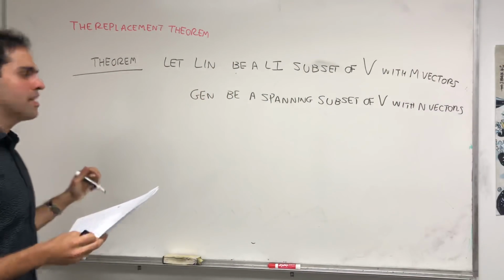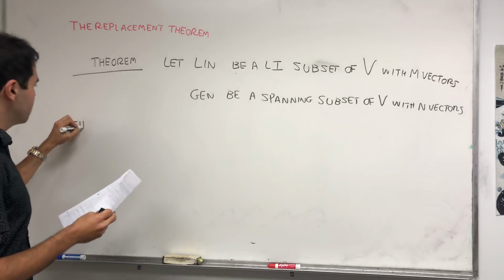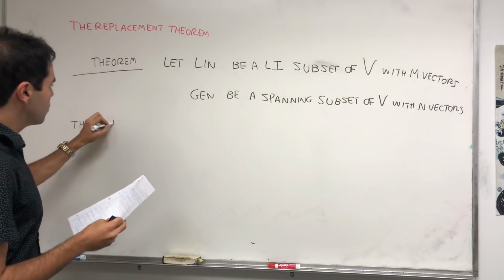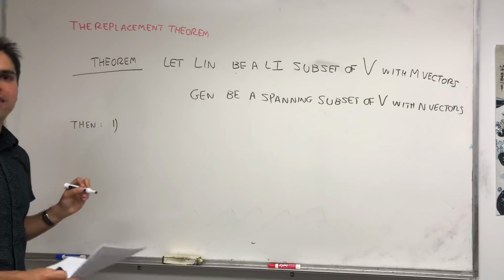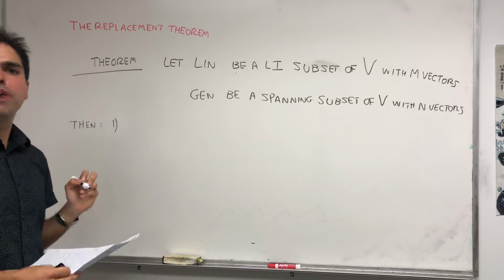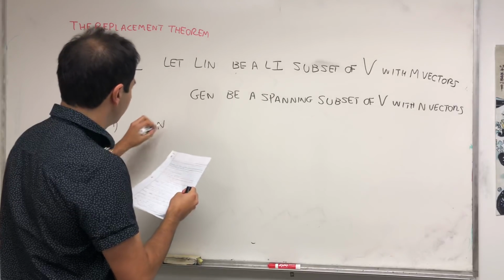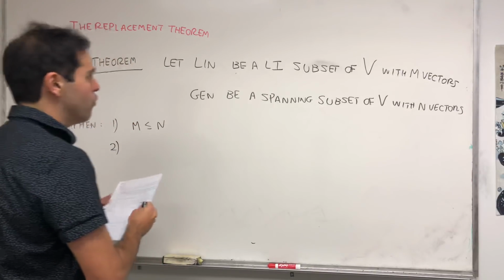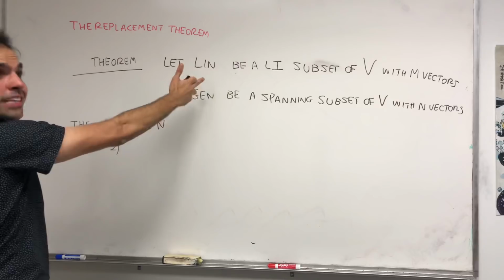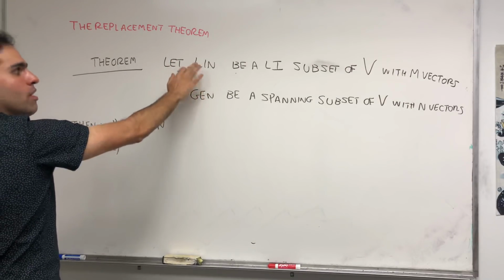And I'll show you in a picture in a second. Then there are two things. First of all, a linearly independent subset can never be bigger than a spanning subset. So m is less or equal to n, and moreover, you can add vectors from gen to lin.